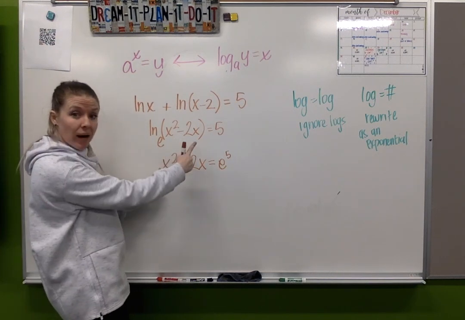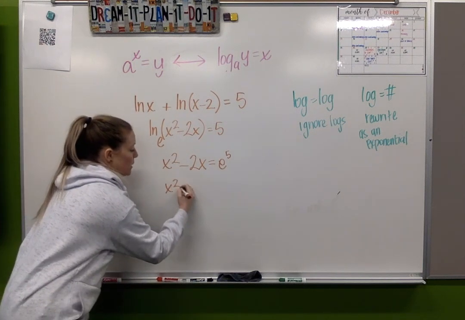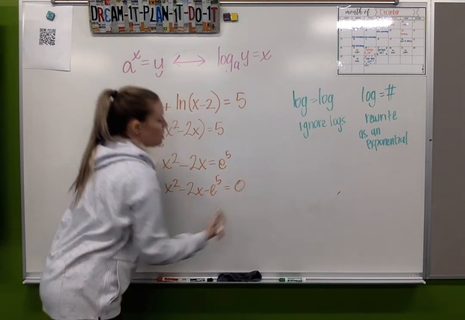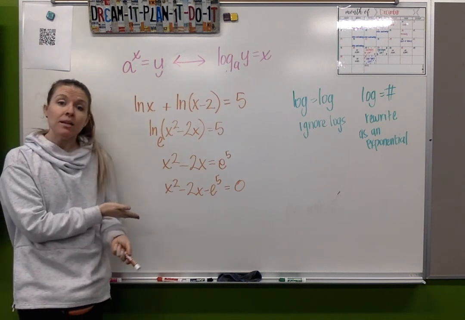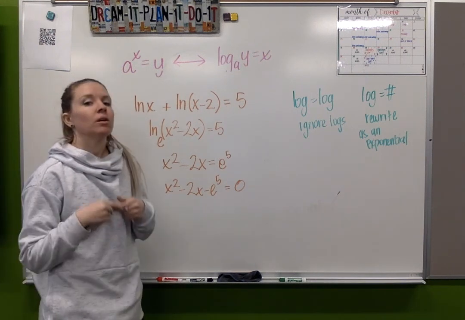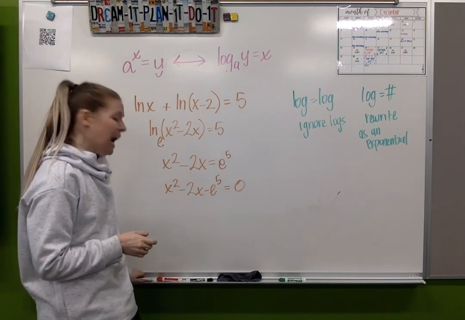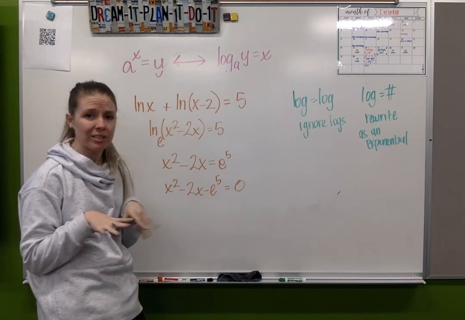Again, we have an x squared, so to solve that, I have to set it equal to 0. X squared minus 2x minus e to the 5th equals 0. Okay, at this point, to be able to solve this one, we're going to have to plug it into the quadratic formula. And I really don't want to do that, so I'm not going to.